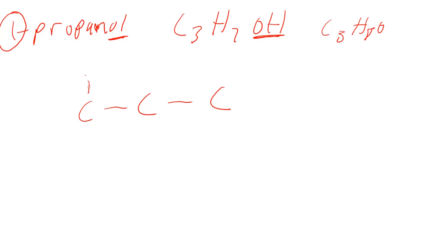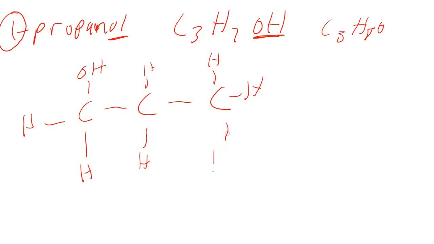So we're going to have our OH on the first carbon, and then we're going to have our hydrogens coming off of the rest of the carbons. So this is what 1-propanol looks like. You're again going to add up the molar mass of 1-propanol, and determine what the intermolecular forces are.